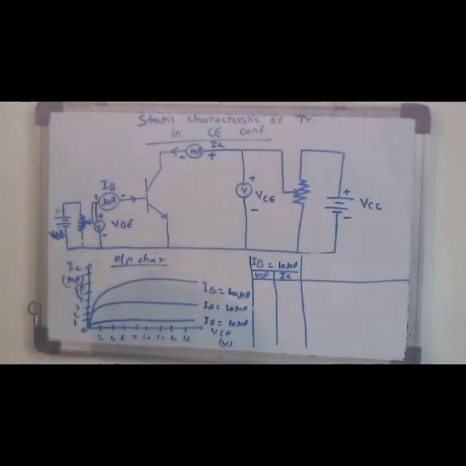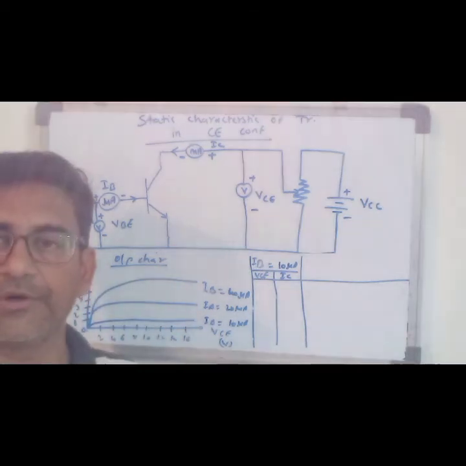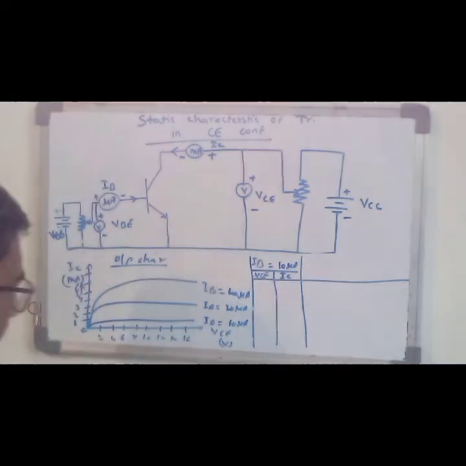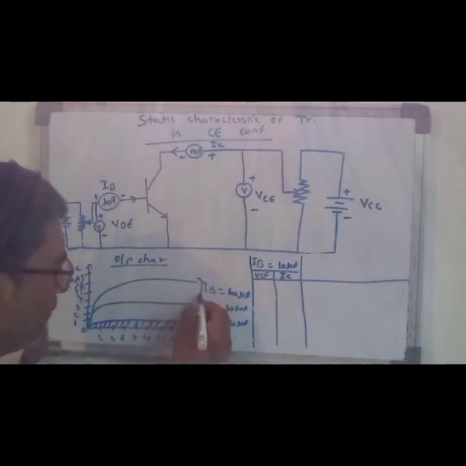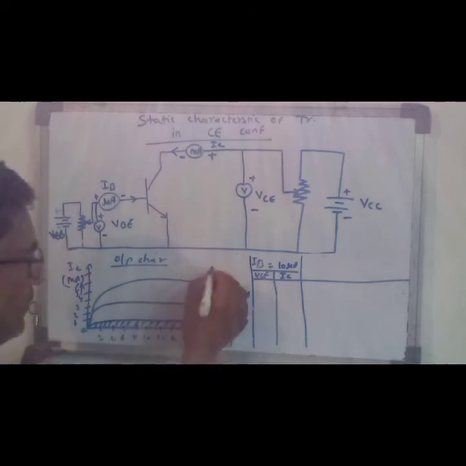Now in this output characteristic, there are three things you have to keep in mind. From 0 to the first characteristic curve we have got, it is considered as the cutoff. Wherever we have got the curves, it is considered as the active region.